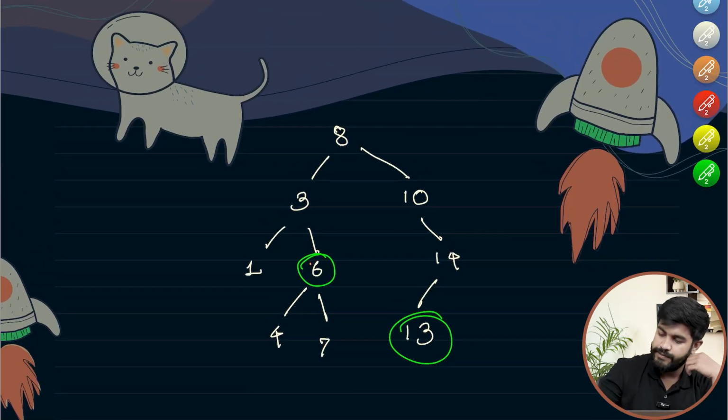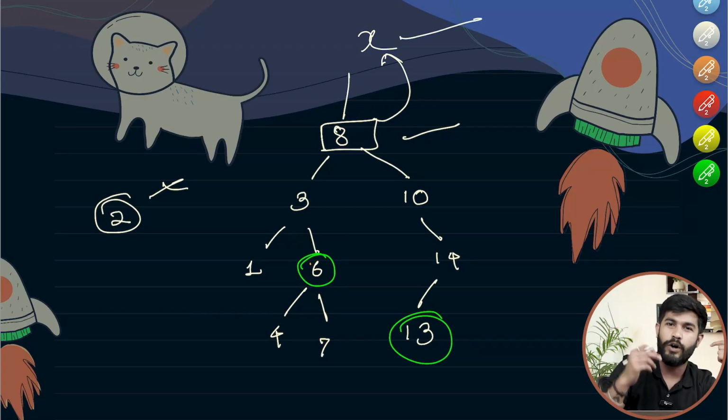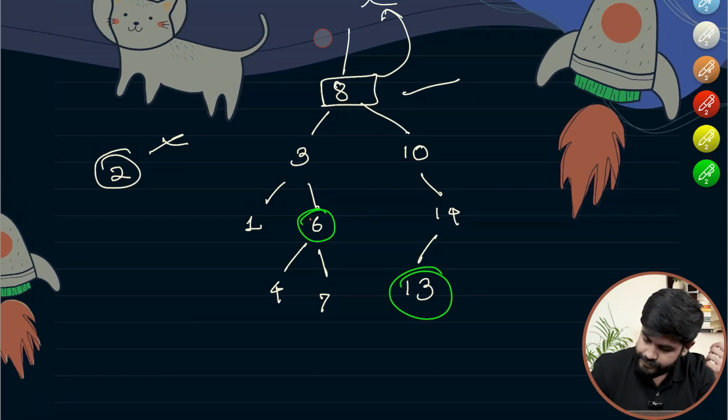Somewhere upwards also, let's say a value x is there. If I am asked the second common ancestor, then I would first go to this common ancestor and then the counting would start, that this is the lowest common ancestor, this is the second lowest common ancestor, this would be a third lowest common ancestor.